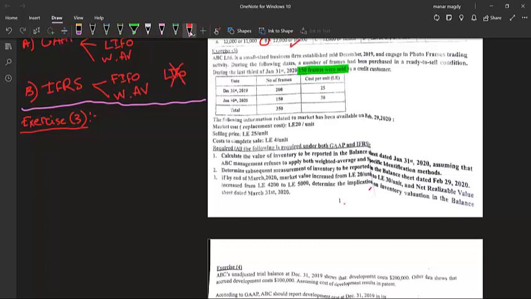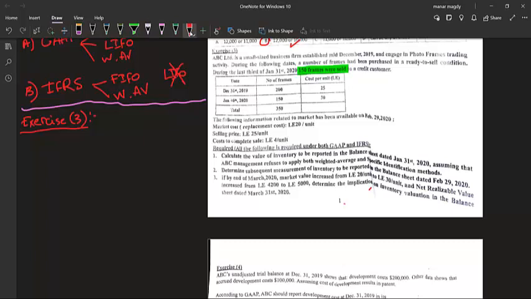Let's see. The number of frames that the firm has in its inventory, reported on December 31, 2019, it had 200 frames and the cost per unit was 25.